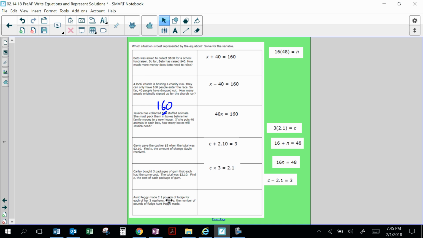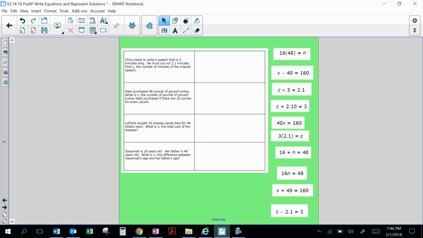Aunt Peggy made 2.1 pounds of fudge for each of her 3 nephews. Find C, the amount of pounds of fudge she made. So 3 groups, 3 nephews, each one got 2.1. So it goes here. Next one.